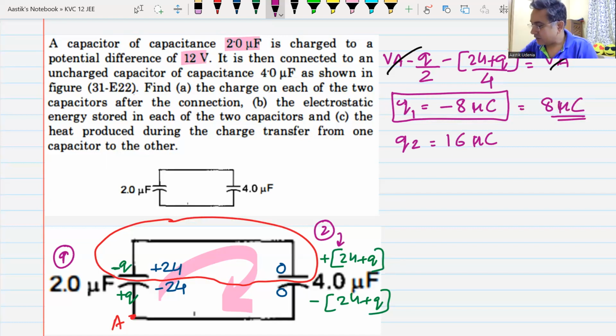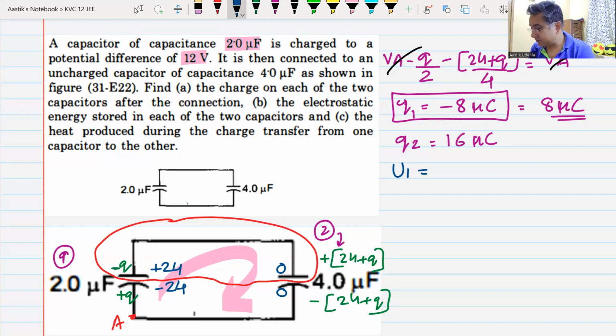And what next? I can find out the energy stored in the capacitor. What is the initial energy? No one knows it. What is the initial energy stored? 16, sir.